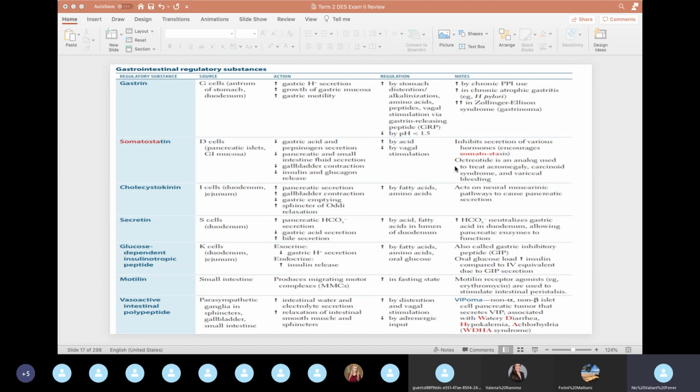Okay, are we all clear on that one? So this is very, very important. Why? Because when you go to term 4, you're gonna learn about the drugs that decrease H+ secretion. Okay, and they act on these 3 important pathways. Either you inhibit gastrin, or you inhibit acetylcholine secretion from your post-vagal efferent, or you decrease histamine.